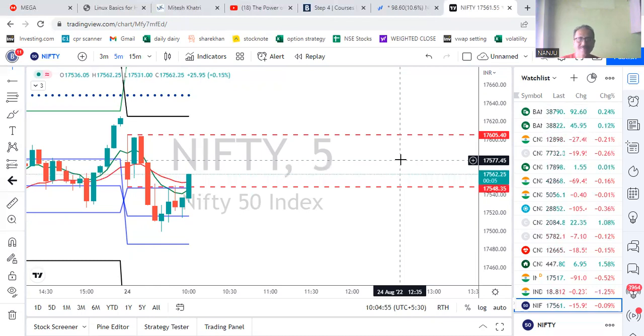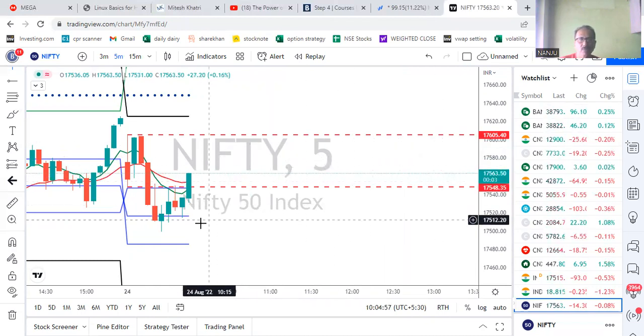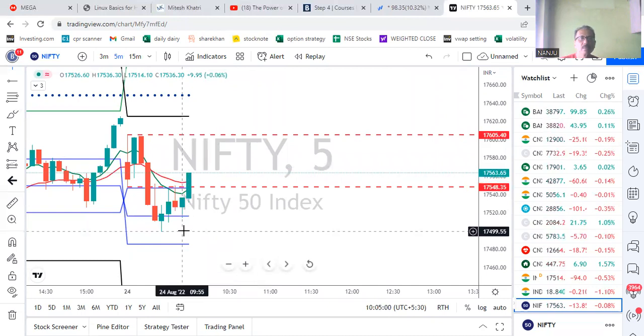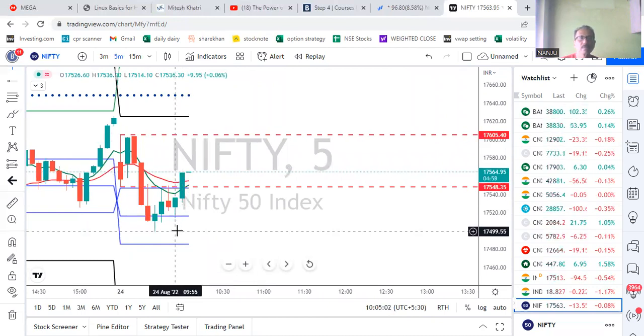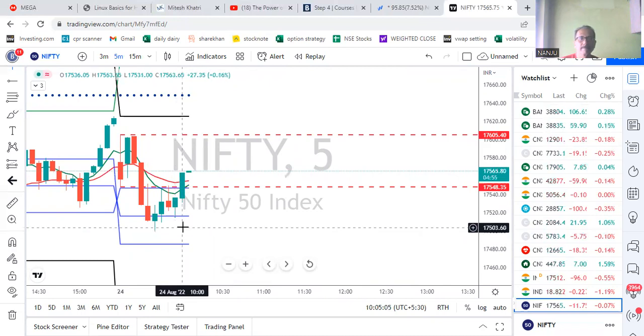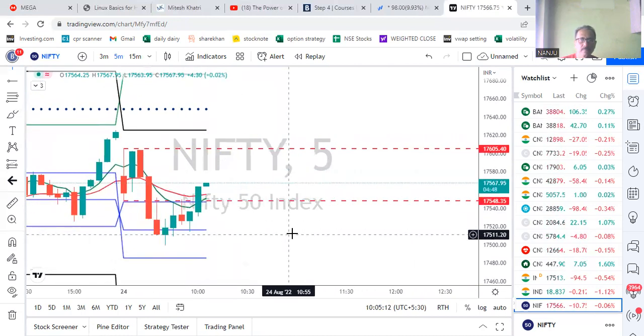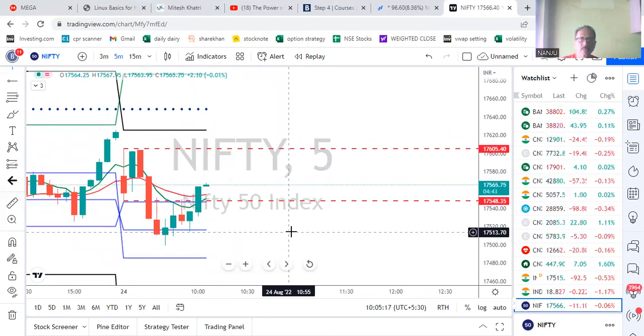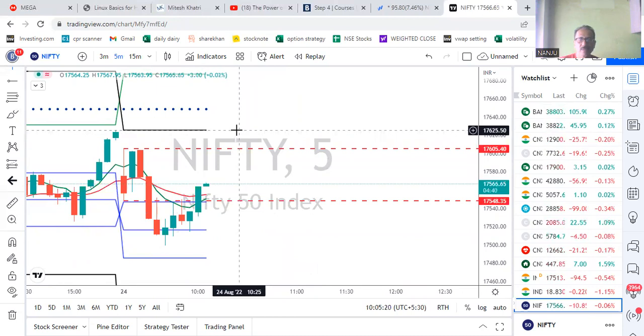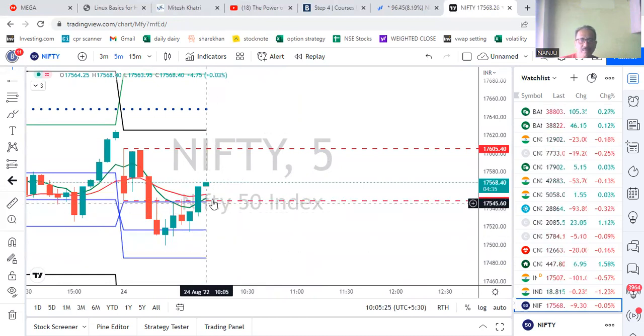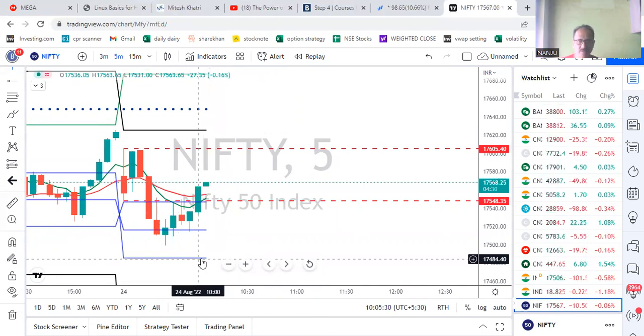See, even with this candle, we are not able to initiate any trade. The range of this candle is also very high. See, this black line represents previous day high, and this is the CPR. These 3 blue lines represents the central pivot range.